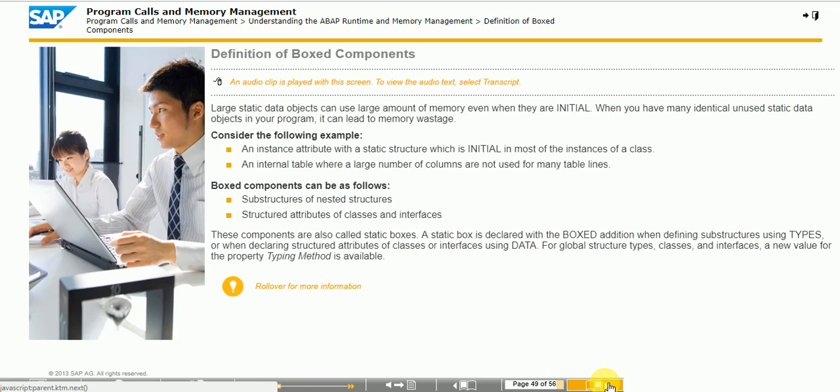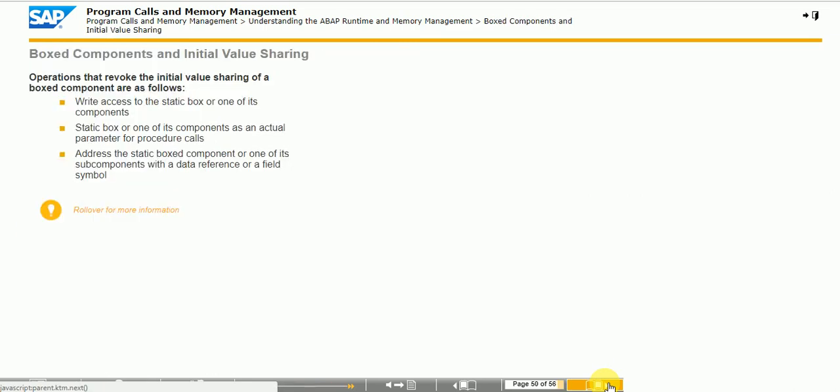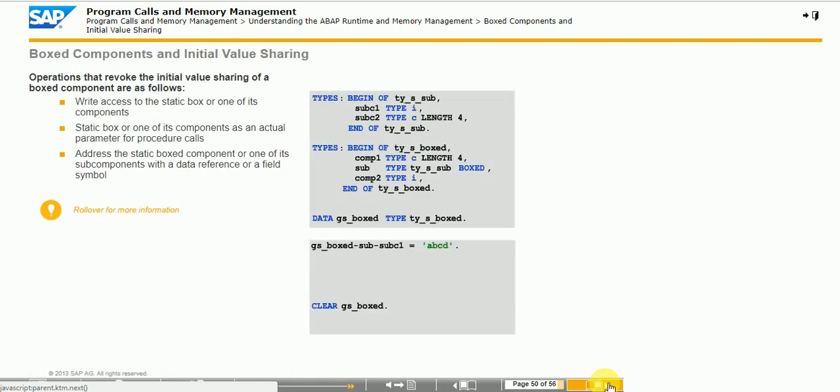As of SAP NetWeaver 7.0 EHP2, you can use boxed components to reduce the memory consumption of static data objects. The figure illustrates an example of a nested structure with a boxed static substructure.